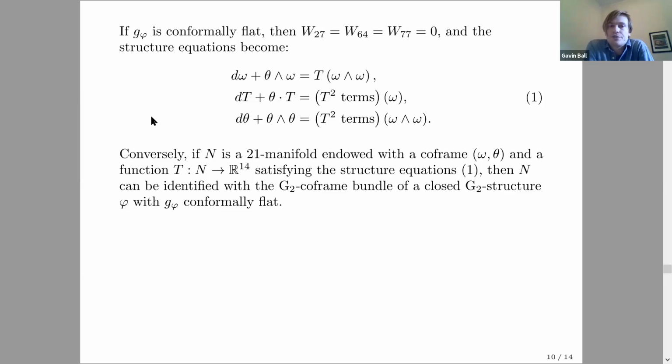Now, I've just said that when I have a closed G2 structure inducing a conformally flat metric, then the G2 coframe bundle admits an omega, theta, and T that satisfy these structure equations.